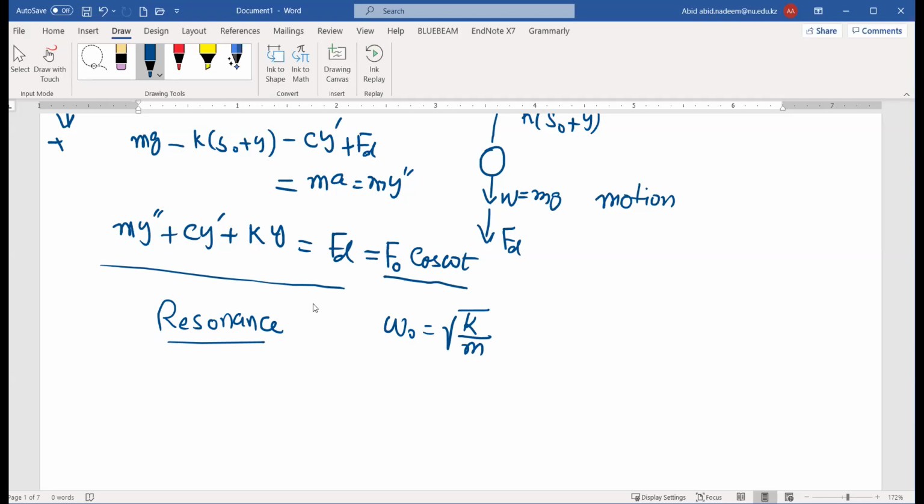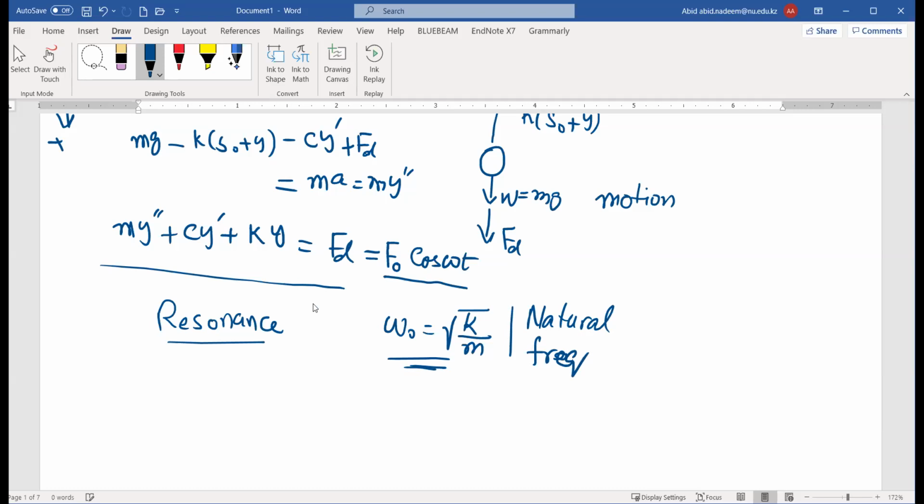Both are representations of frequencies. Omega naught is the natural frequency. Actually, the formula is omega naught over 2 pi. So omega naught represents the natural frequency of the system.